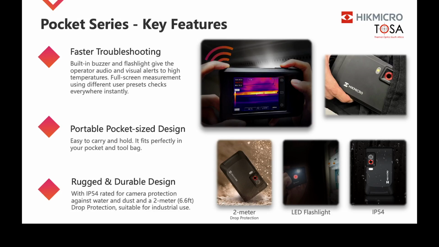It's a pocket-sized device, so as far as the Pocket 2 is concerned, very nice to carry around, easy to put inside your tool bag, and then it's very rugged. It will survive a 2-meter drop without any damage to the camera itself.